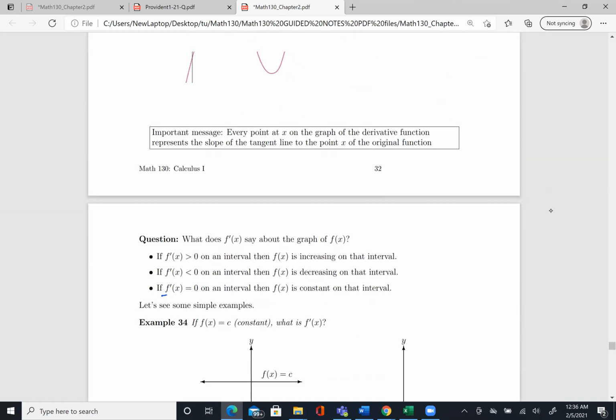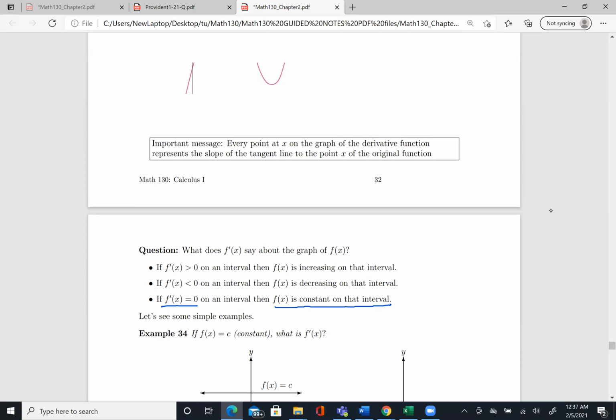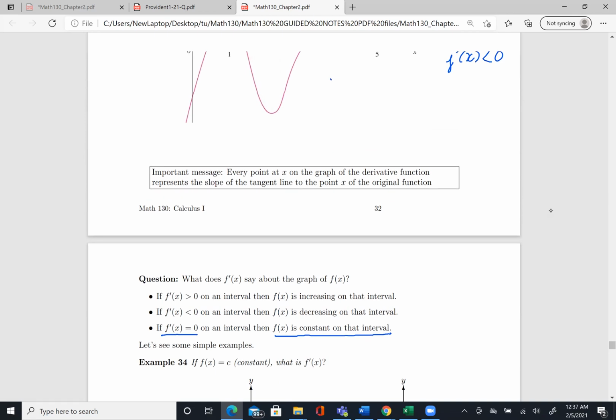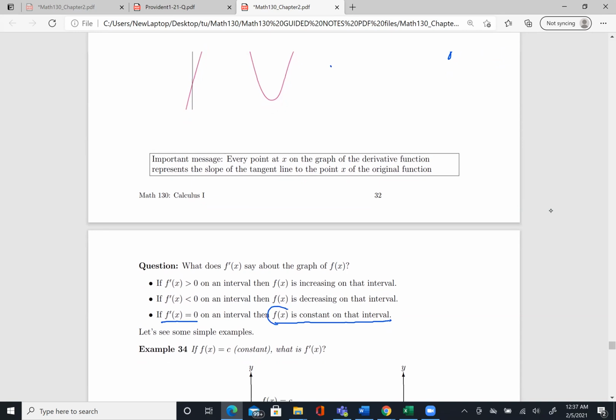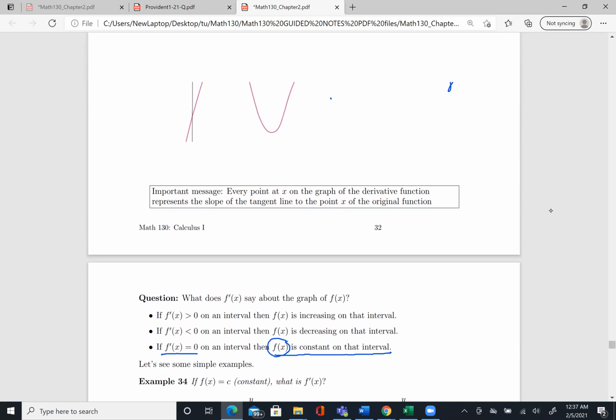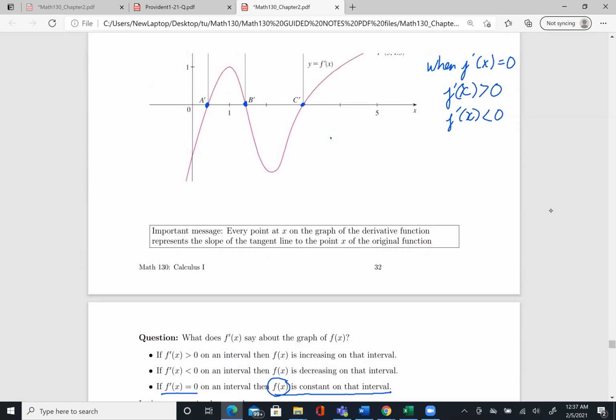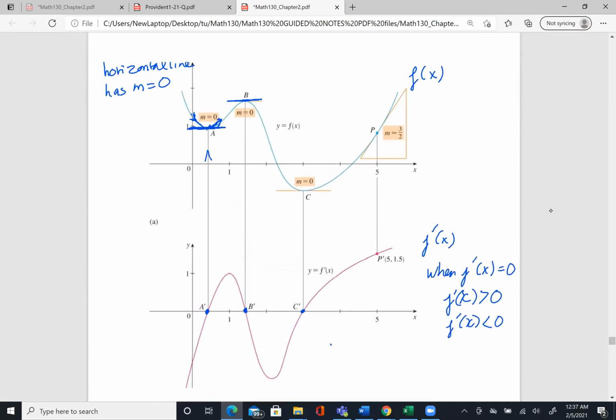If f derivative of x equals 0 on an interval, then f of x is a constant on that interval. This f of x stands for the tangent line, okay? Let me come back to this one.